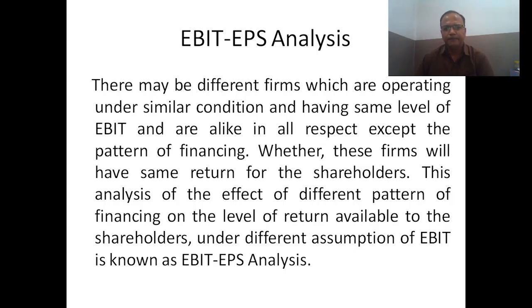For example, a firm which is collecting rupees 50 lakh by different sources of finance has a fixed EBIT. Suppose the EBIT of the firm is rupees 20 lakh and it is fixed. Now you have to check which alternative is best for you, and the best option will be the option where the firm is generating maximum EPS.